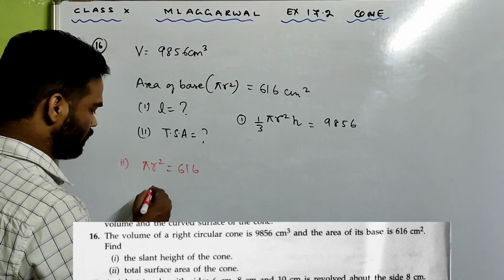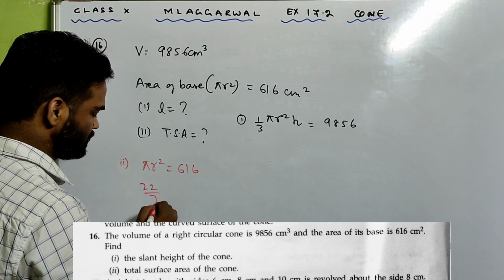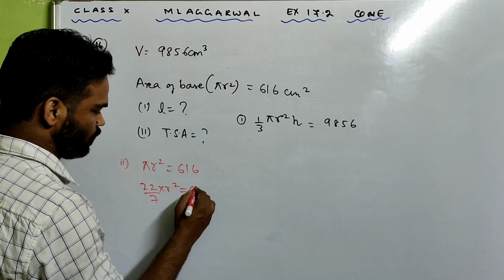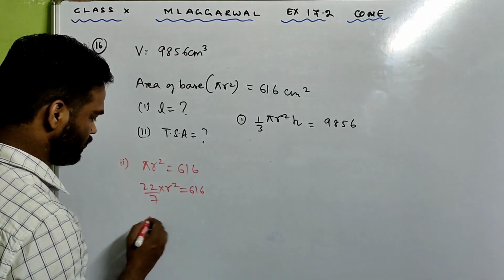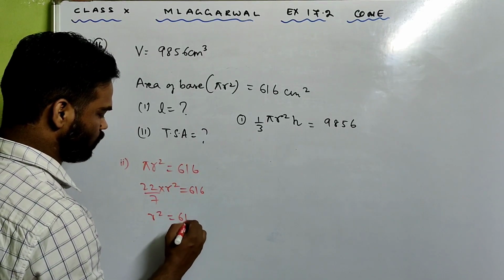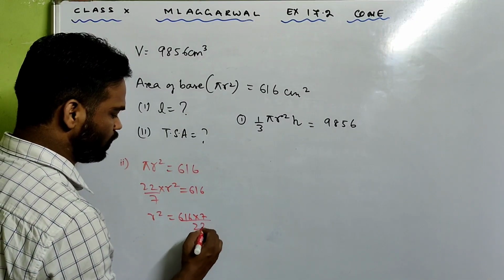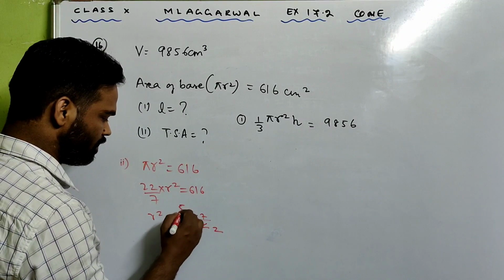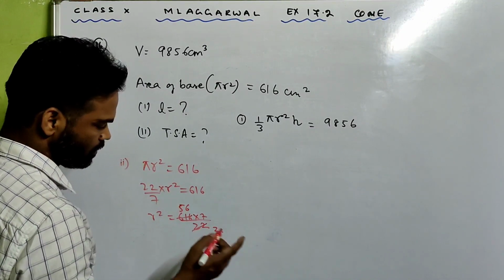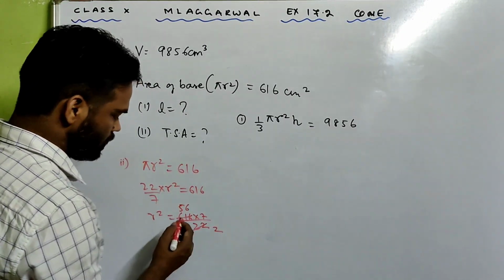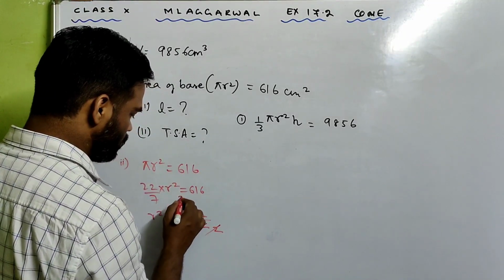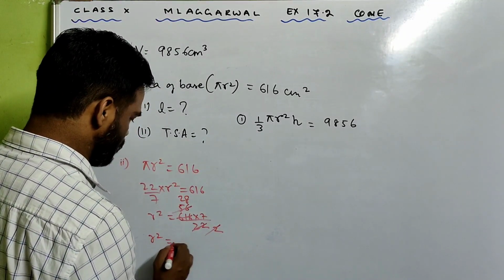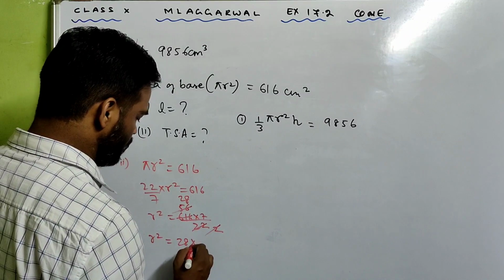From here, I'll find r. So 22 by 7 into r square is 616. Just look carefully. So r square is 616 multiplied by 7 by 22, which is 28 multiplied by 7.